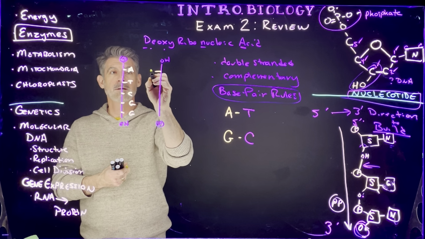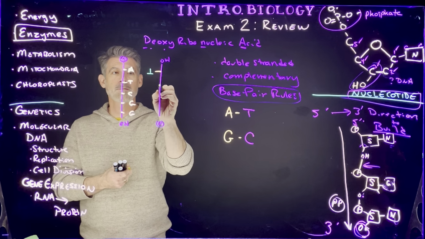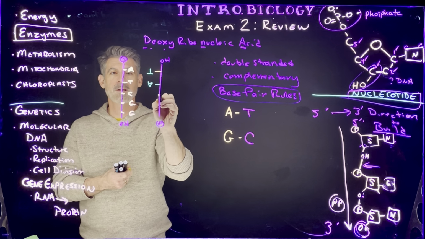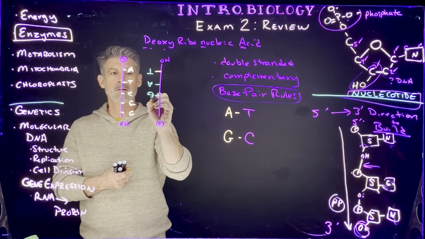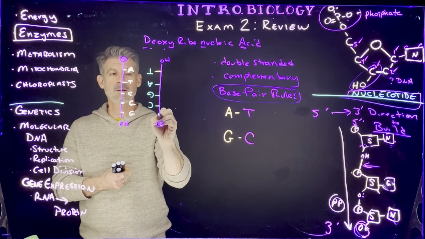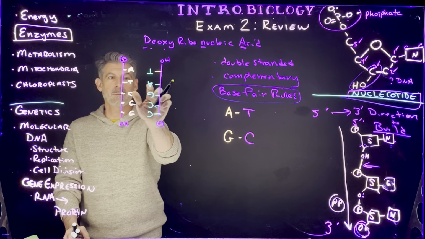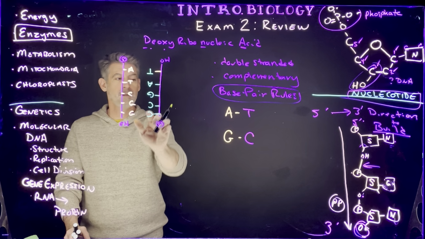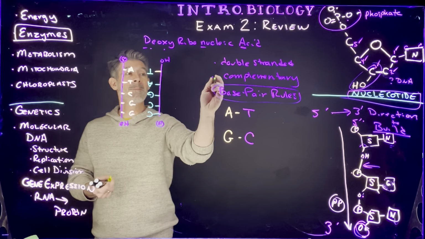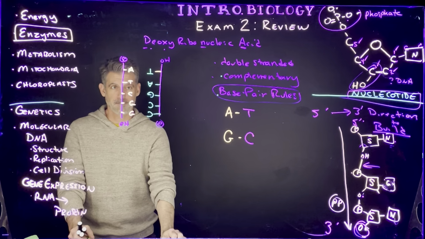It's going to be T, I'll explain why I'm doing this upside down in a second, A, G, C, C, like that. So A with T, T with A, C with G, G with C. That's complementary base pairing.